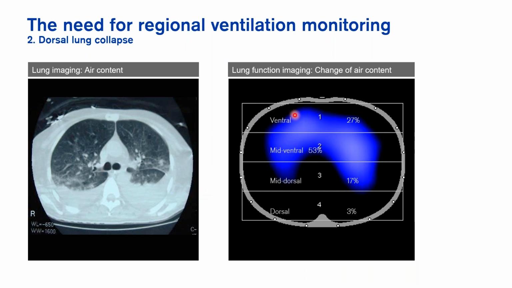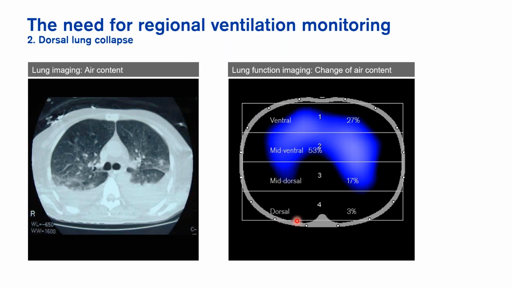So we still look at the 4 regions: the ventral, mid-ventral, mid-dorsal, and dorsal. And usually, as I said, the distribution of ventilation should be 35 to 45 in the regions of interest 2 and 3, and about 10 to 15 in the regions 1 and 4. But in here, in the dorsal area, there is no ventilation. You see, there is no blue color.